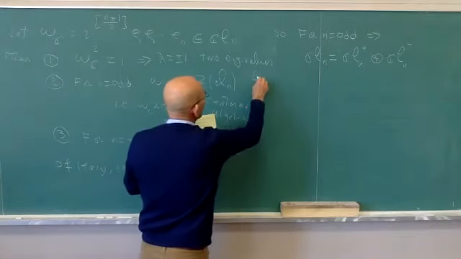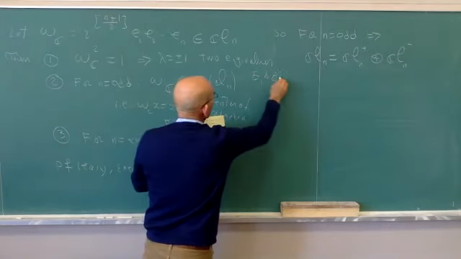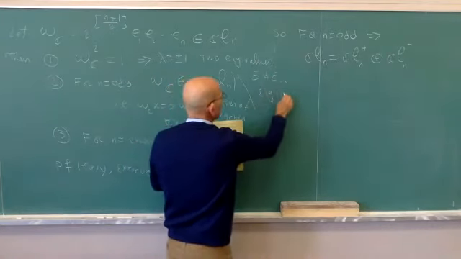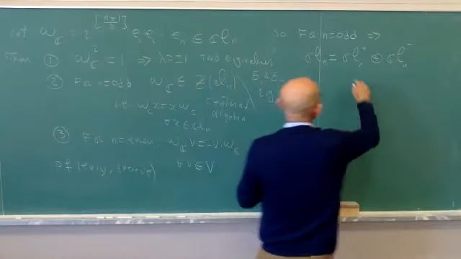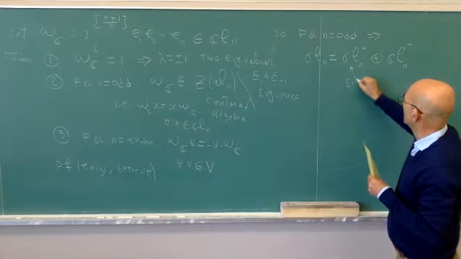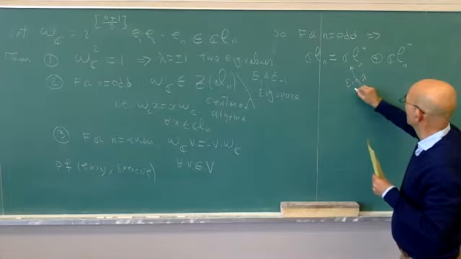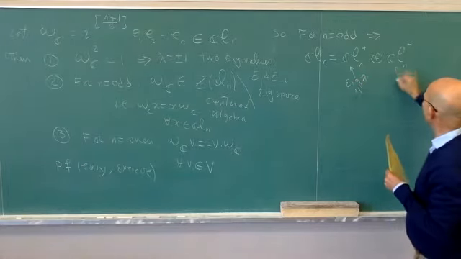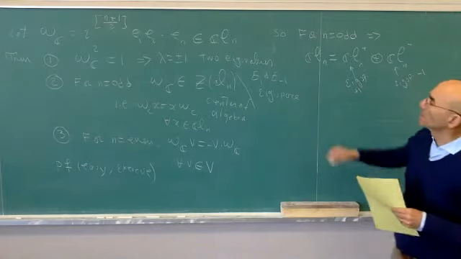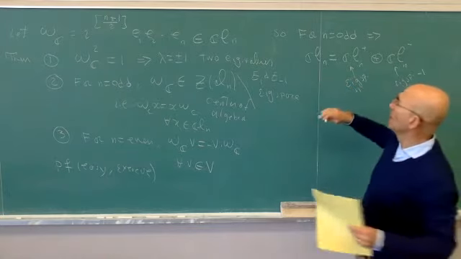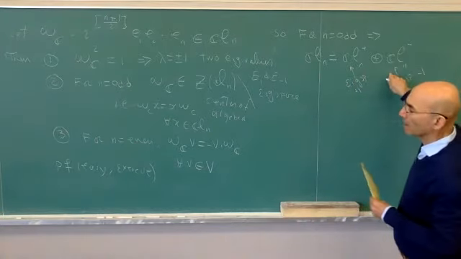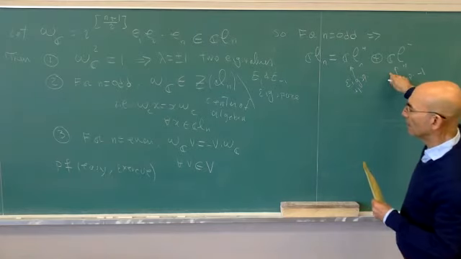So this is the eigenspace for 1, and this is the eigenspace for minus 1. This decomposes the whole space into two pieces. Actually, that's exactly the even-odd thing that we had before.